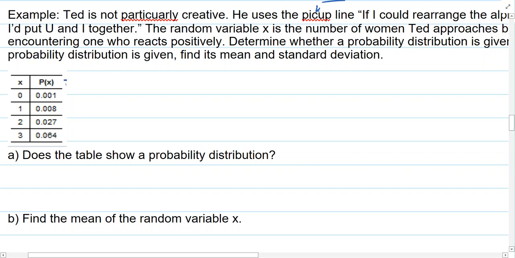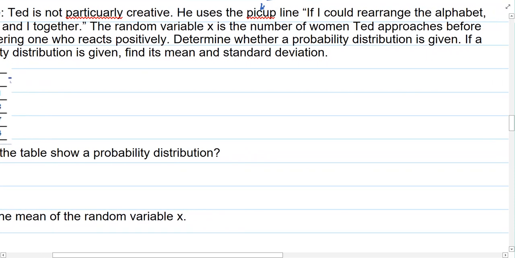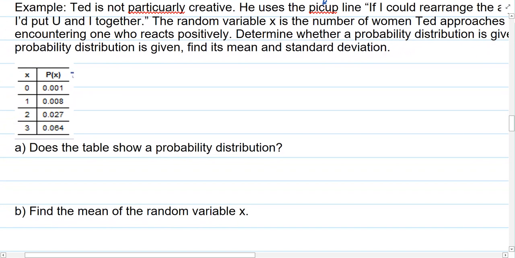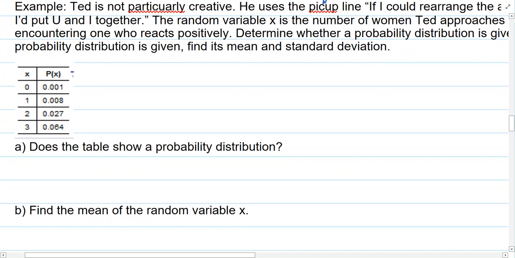The random variable x is the number of women Ted approached by encountering one who reacts positively. Determine whether the probability distribution is given. If a probability distribution is given, find the mean and standard deviation.